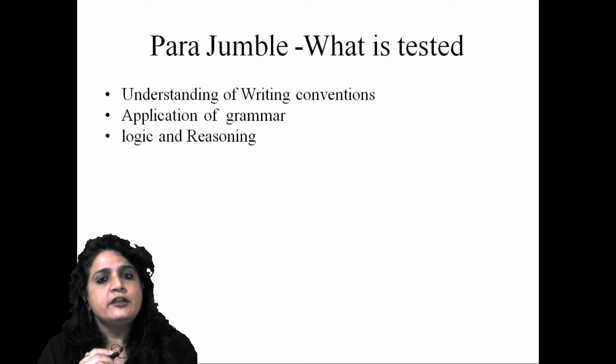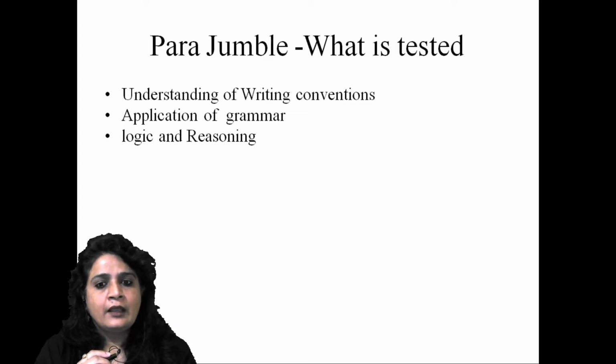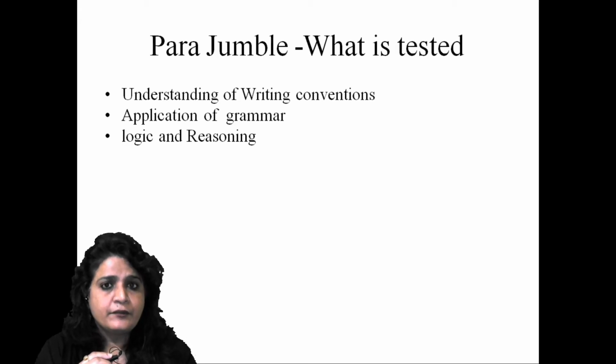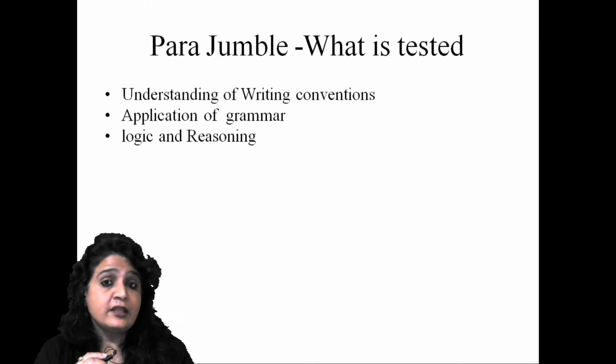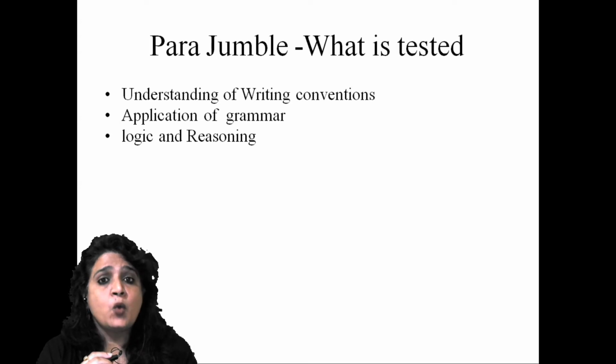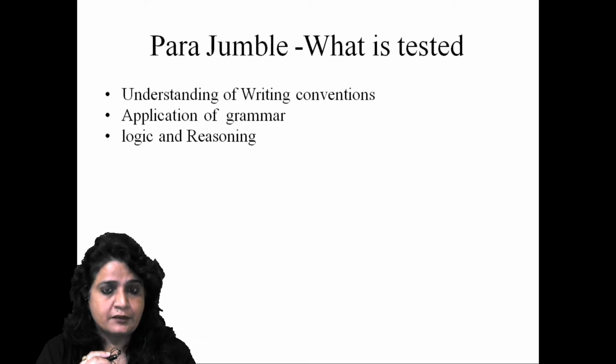If you have seen carefully, all management entrance exams have moved from their conventional strategy to a different strategy now. They want to test your writing ability, and that is why they have done away with GD. A lot of schools have done away with GD and they have introduced writing assessment tests. So they want to test your writing ability.